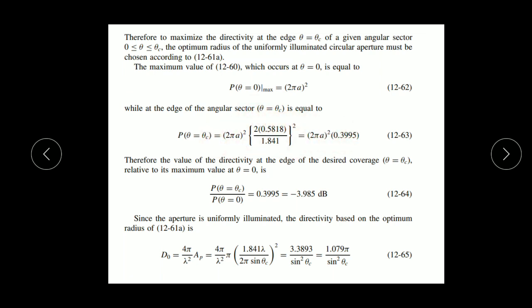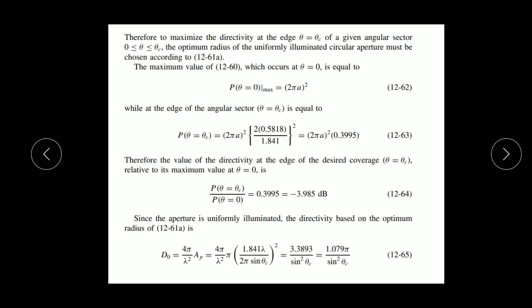Therefore, the value of the directivity at the edge of the desired coverage, theta equal to theta c, relative to the maximum value at theta equal to 0, is minus 3.985 dB. Since the aperture is uniformly illuminated, the directivity based on the optimum radius is 4 pi over lambda square times A P. What is A P? The area of the circle.